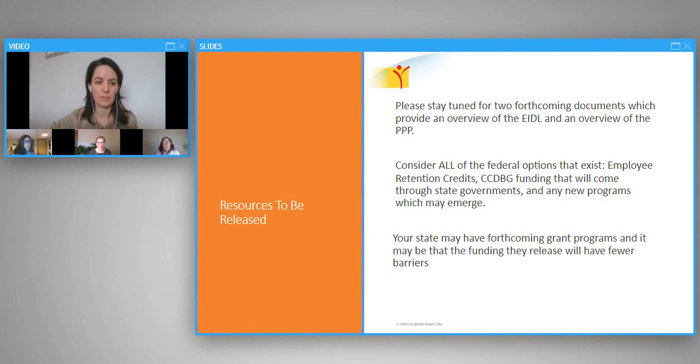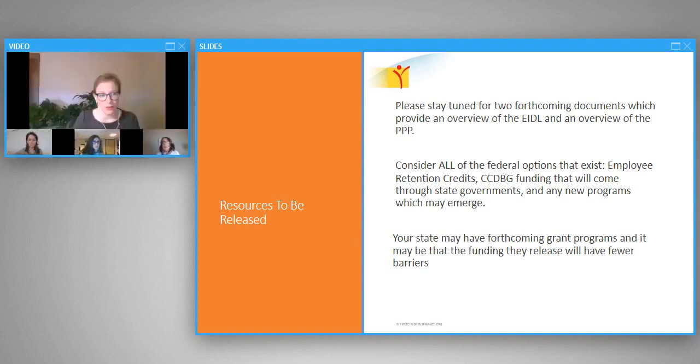Thanks, Heidi. I've noticed a number of questions about forgiveness. Speaking about the federal government and guidance from them, let's stay on that theme for a moment. I've seen several questions in the chat about whether the EIDL, the Economic Injury Disaster Loan, will be forgiven. When the slides become available, we have a really nice table, as does the Small Business Administration on their COVID-19 relief page, that shows the differences between the EIDL and the PPP.